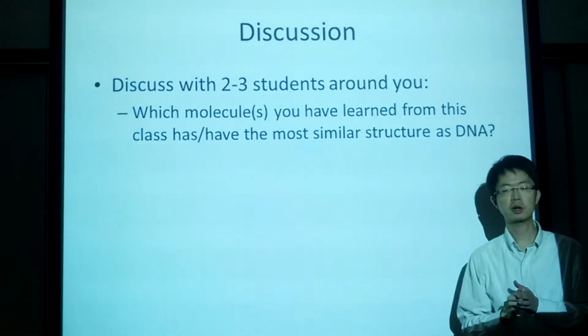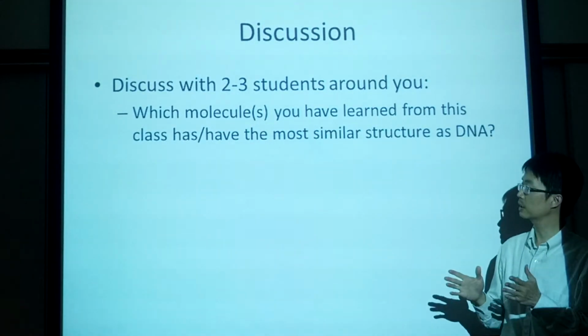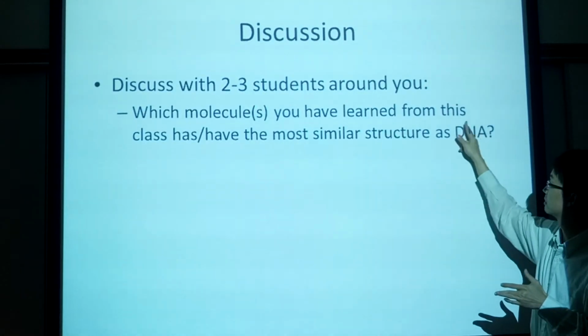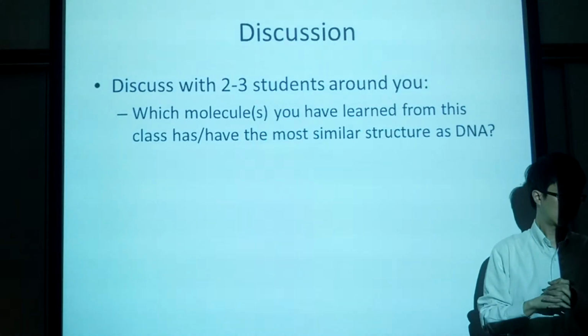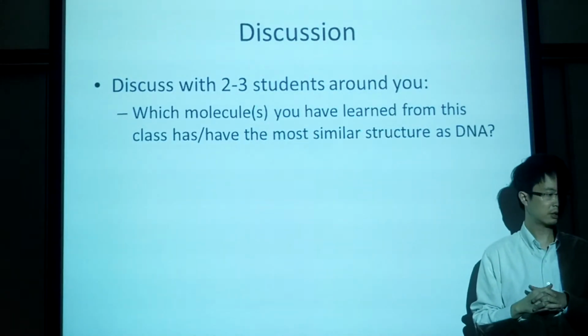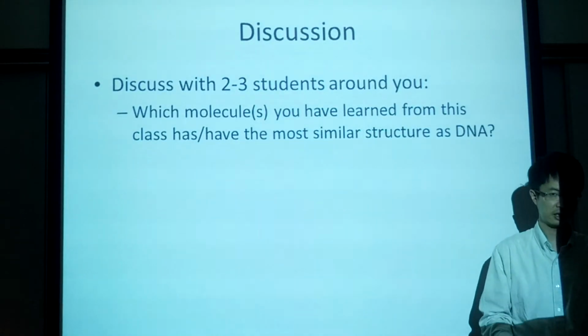Now this is the second question that I'll answer in the next video. Try to think about a molecule that has a very similar structure as DNA. So the first question is which molecule has a very similar structure as the nucleotide?